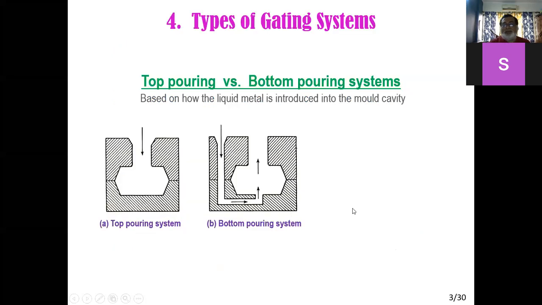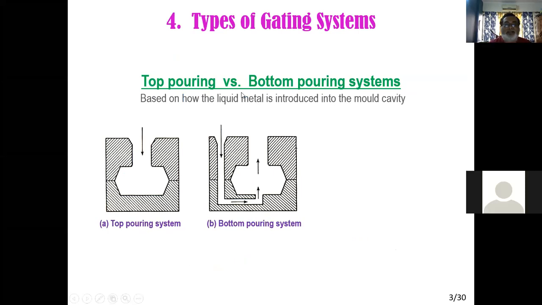So let's talk about types of gating systems. In general, there are two different types of gating system. One is called top pouring and one is called bottom pouring. We are keeping in mind that it is solely based on how the liquid metal is introduced into the mold cavity.